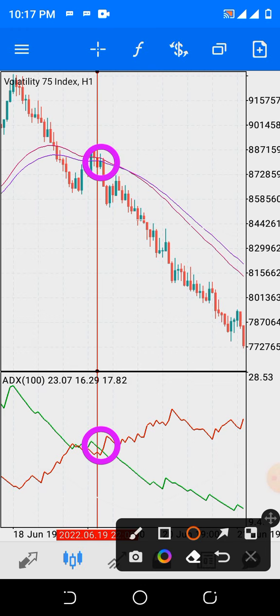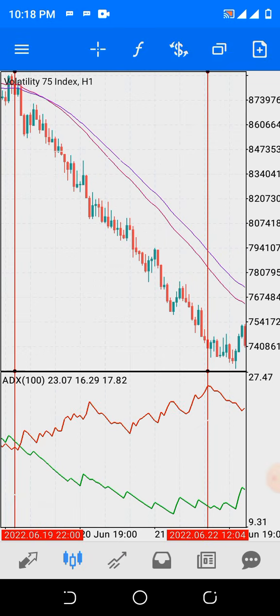So in this case, the red ADX line is above, showing you a downtrend. So here you are going to take a sell position. You see the crossing occur at the same time, so you are going to take a sell position, and watch.